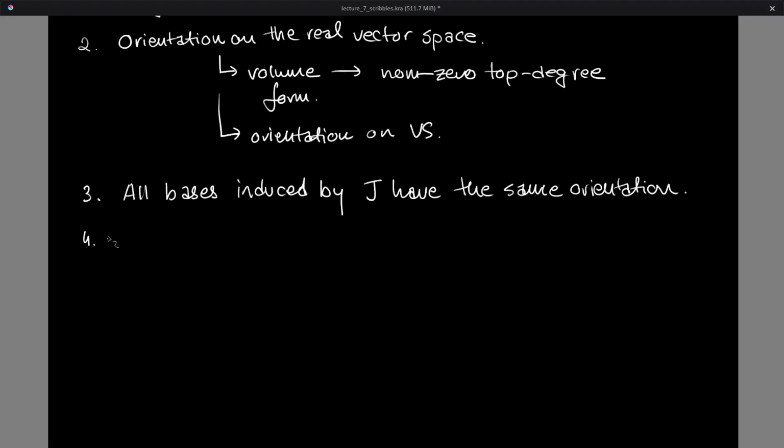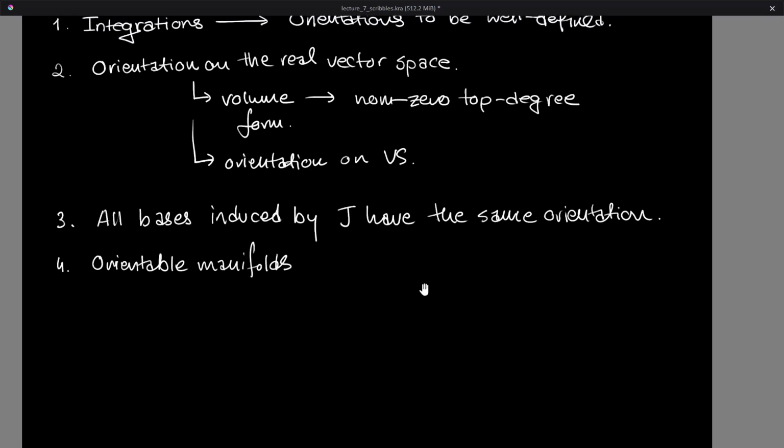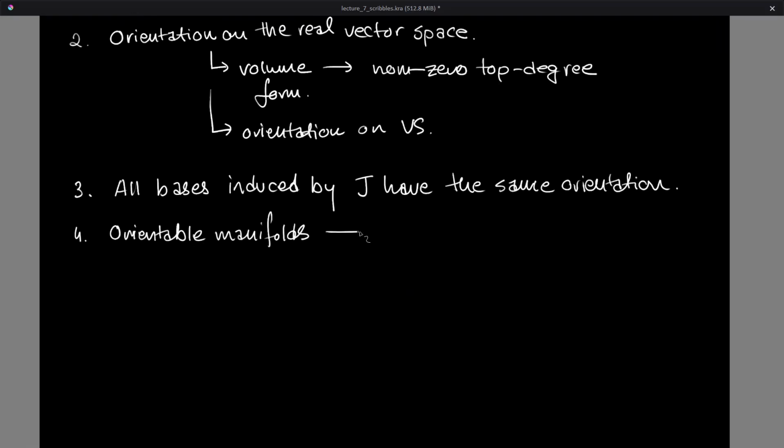We defined orientable manifolds by thinking of the differential form that was a section of the bundle of orientation forms, a choice of differential volume form.